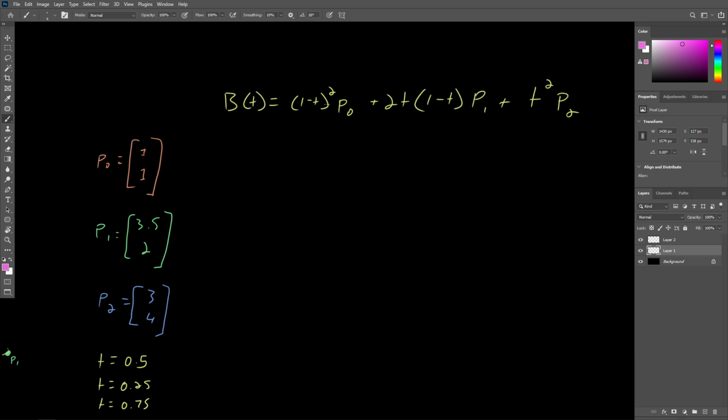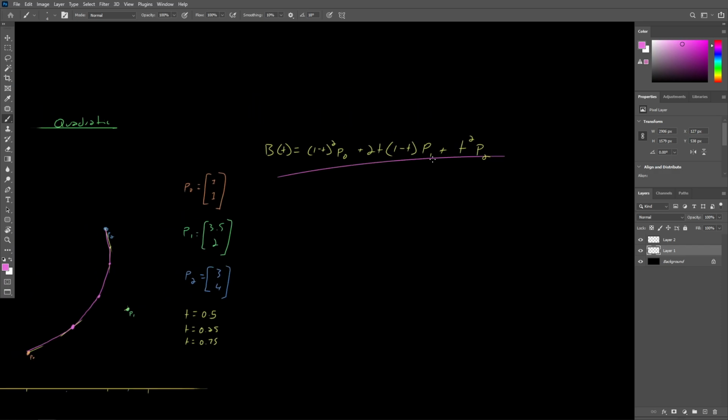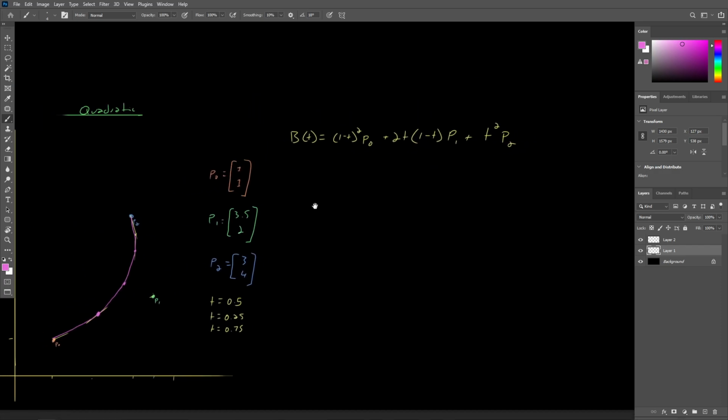So we've got 1 minus t squared times the component from p0, plus 2t times 1 minus t times the component from p1, and adding t squared times the component from p2 on to the end there. All right, so this is the equation for the quadratic curve.